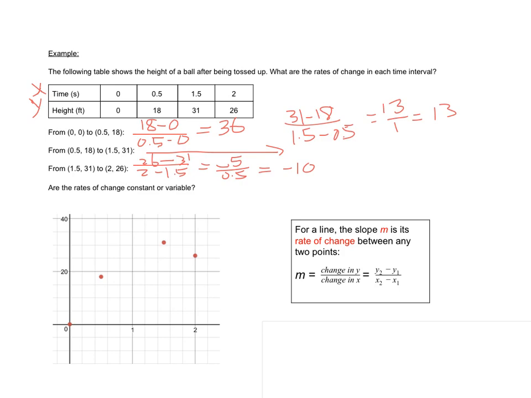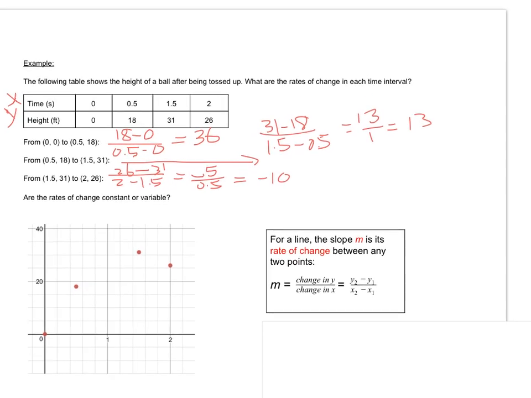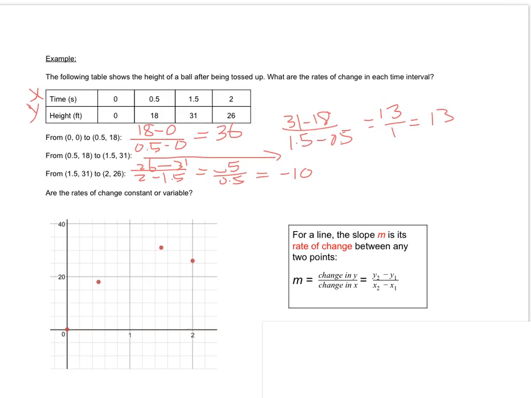For a line, the slope, we use m to denote a slope, is also its rate of change between any 2 points. And I want to emphasize we're talking about a line, because in this past example we just saw, these 4 points don't form a line. That's why you see that the rate of change is different between different intervals.